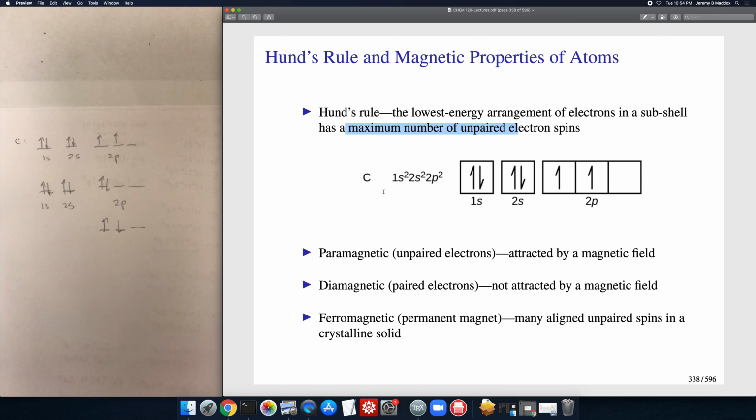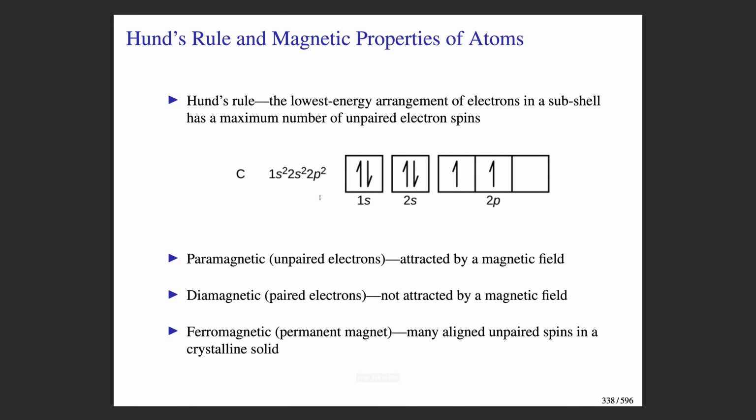The term paramagnetic refers to atoms that have unpaired electrons. So in this example that we have here for carbon, we would say that carbon is a paramagnetic atom. And because the electron spin acts like a little bar magnet, unpaired electrons are attracted by a magnetic field.